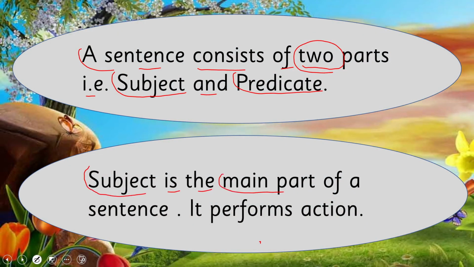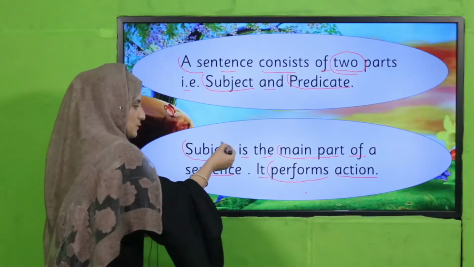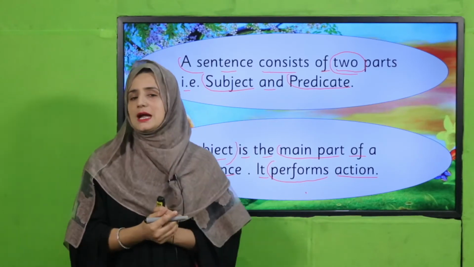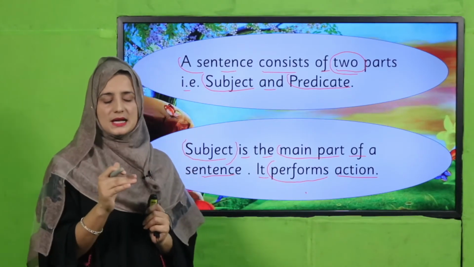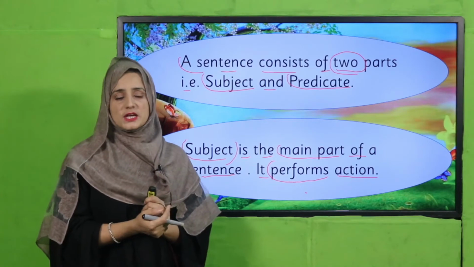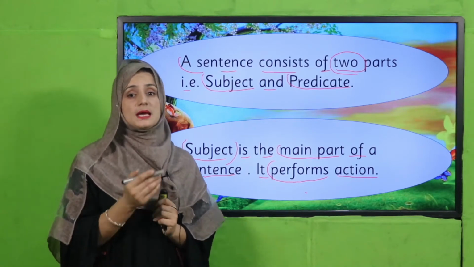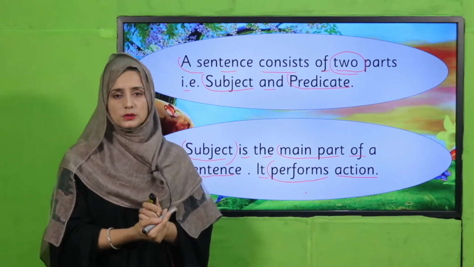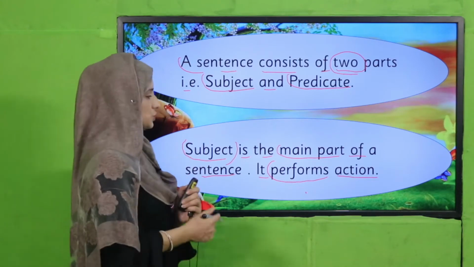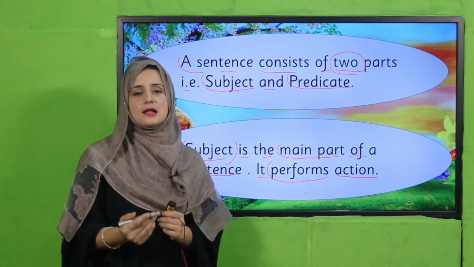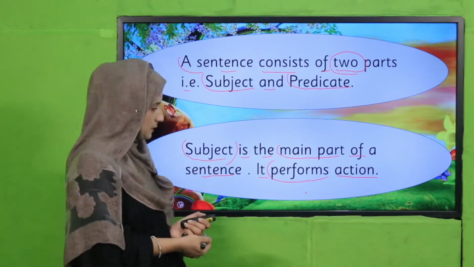Subject is the main part of a sentence. It performs action. As we know, subject is the main part of the sentence, and subject can be a noun or any pronoun that can be used as a subject, and it always performs an action.